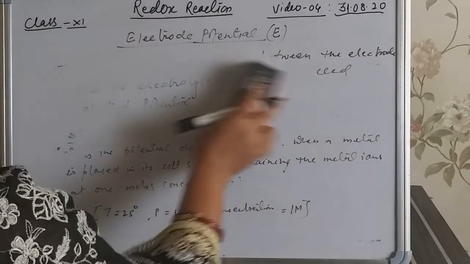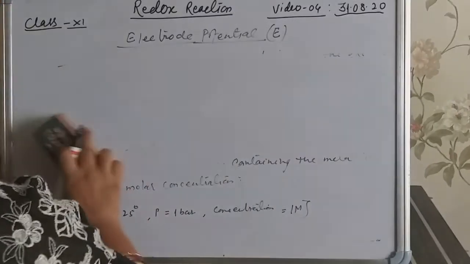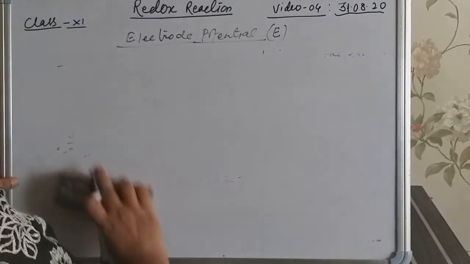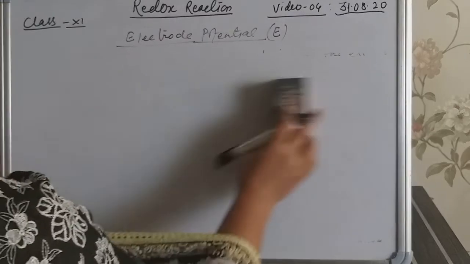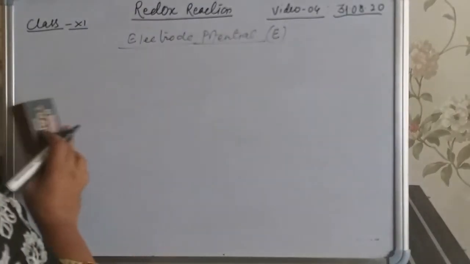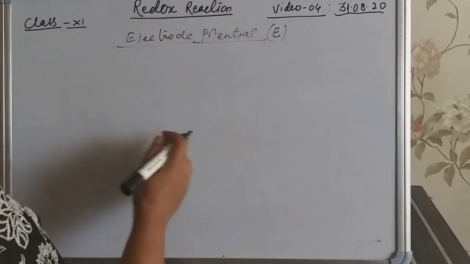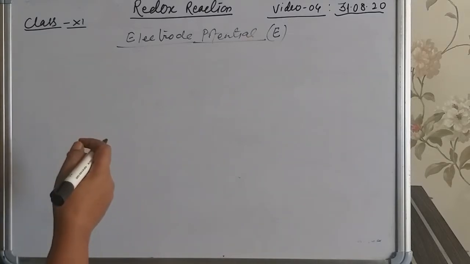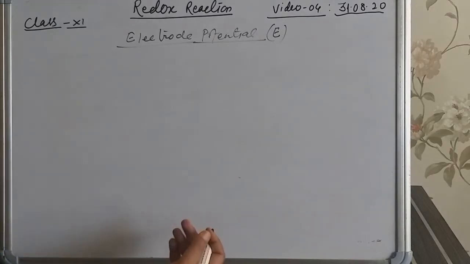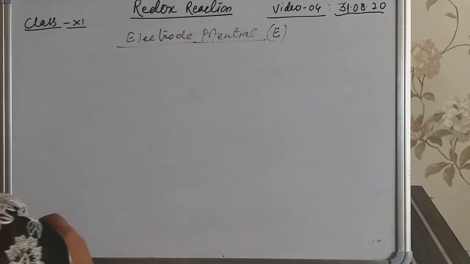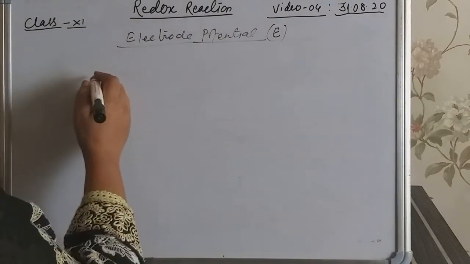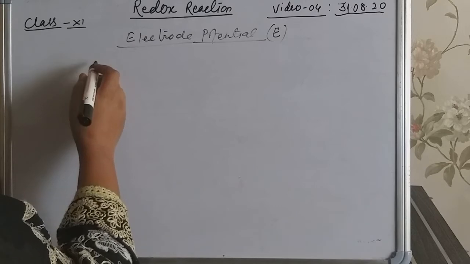Let's discuss the types of electrode potential. We read about the electrode potential, electrochemical cell and electrochemical series in class 12th electrochemistry chapter. More about it we will discuss in the electrochemistry chapter.